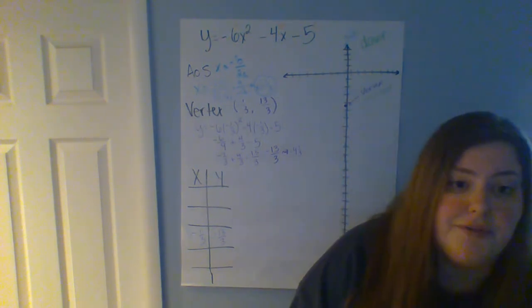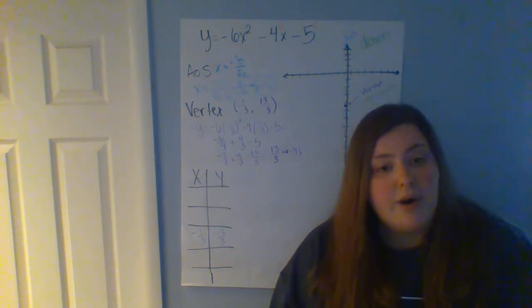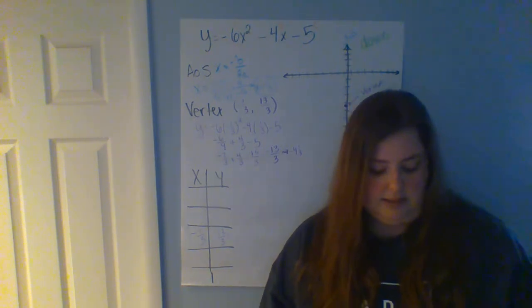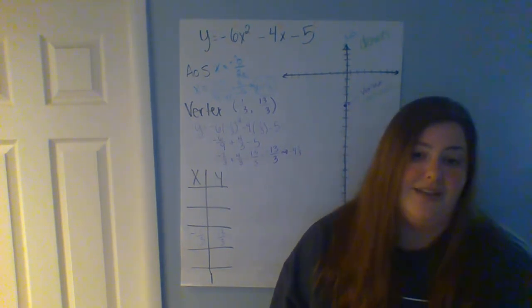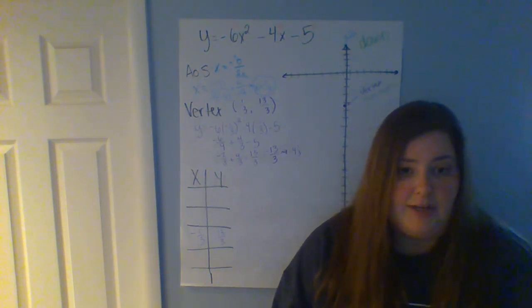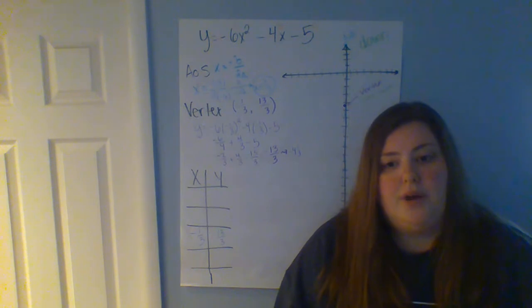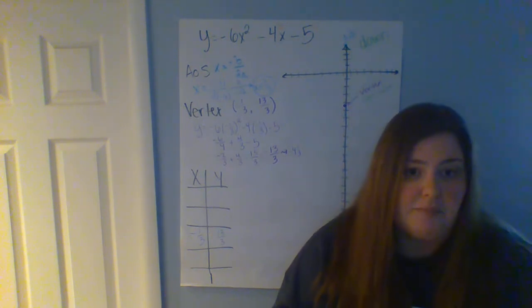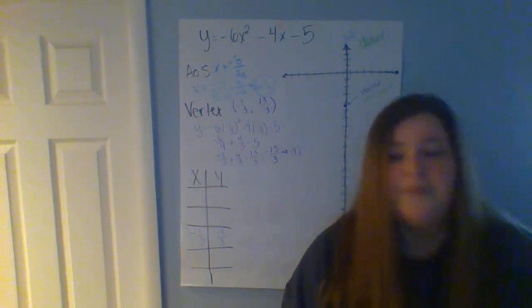So these will include fractional points. Or you can pick points that are whole numbers that you think will work out nicer. Either way, you will still end up with the same parabola. I am going to go with the symmetrical one, just because I think that's a little bit harder. So I'm going to do the harder one for you.